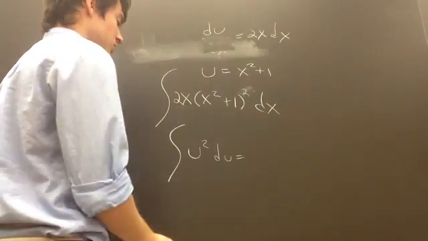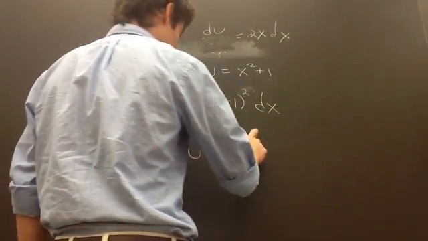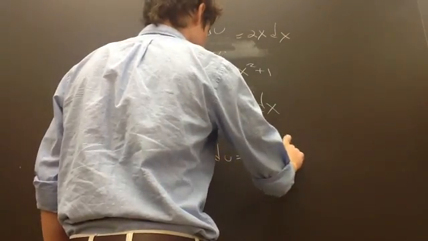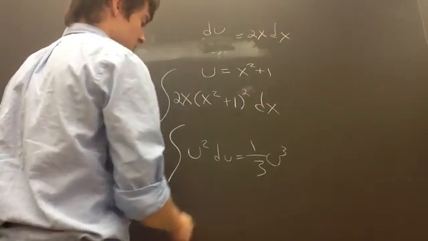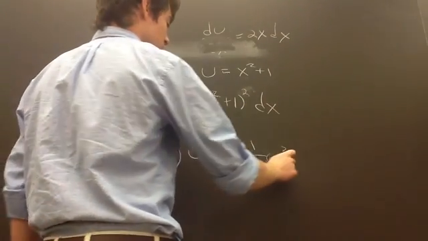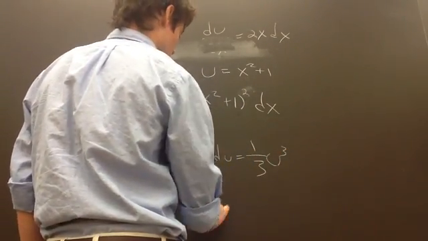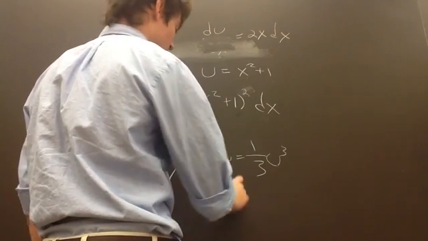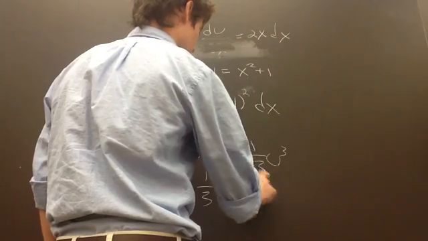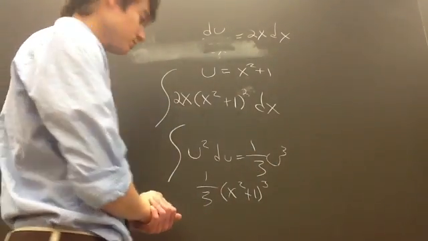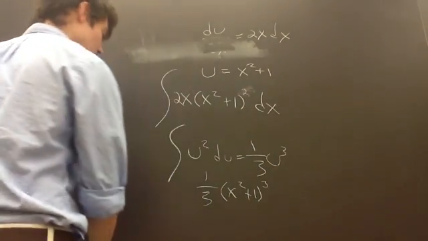This integral is equal to, add 1 to the exponent, divide by that, 1/3 u cubed. Now we know that u is equal to x squared plus 1, so this whole integral is just equal to 1/3 (x squared plus 1) cubed. And there you have it.